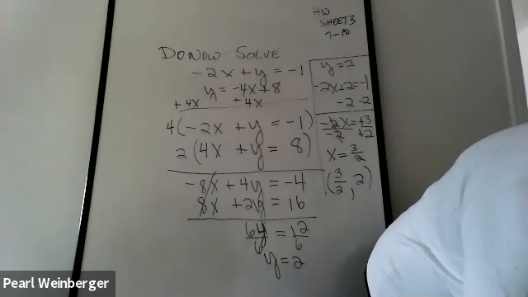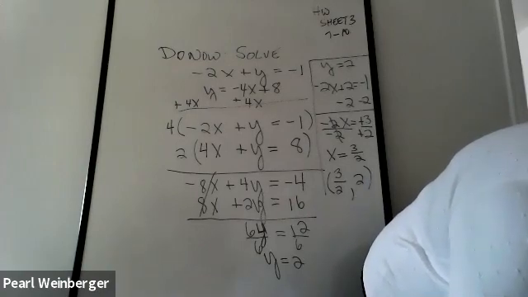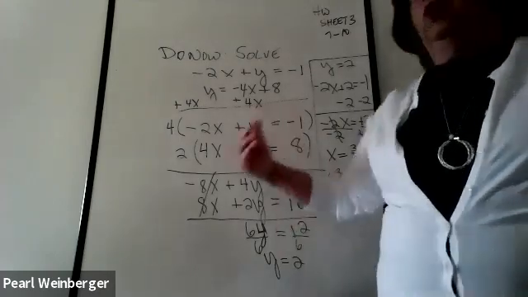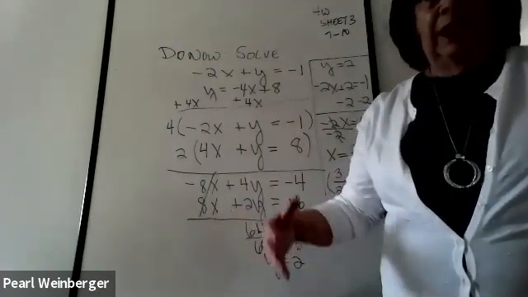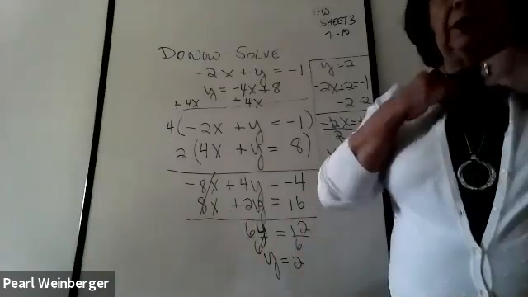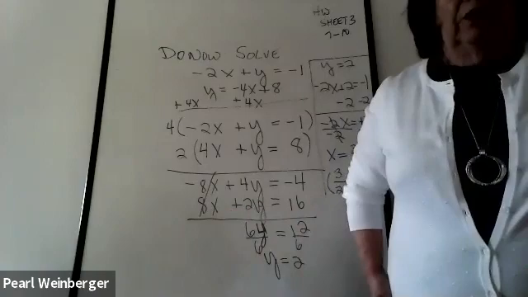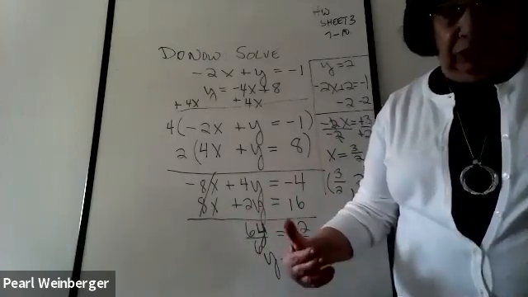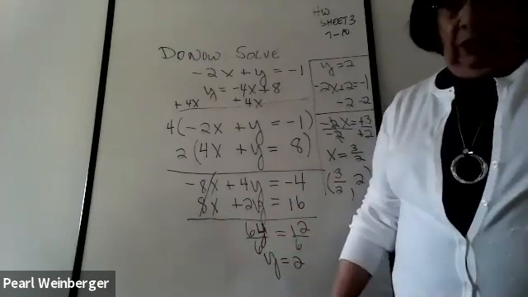How do we take a word problem that has two different things that you're looking for? How do we set up the system of equations so we can solve the equation and find the solution?